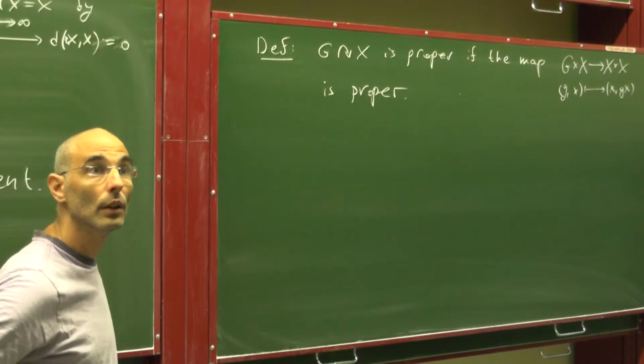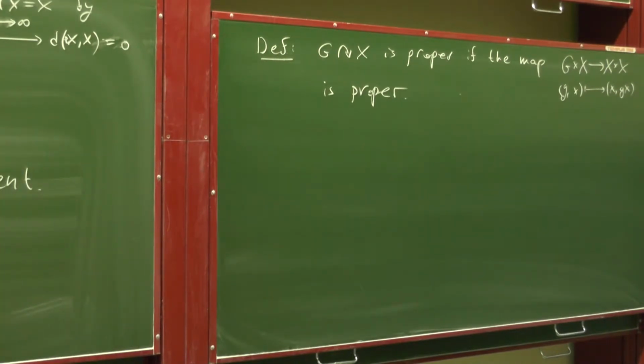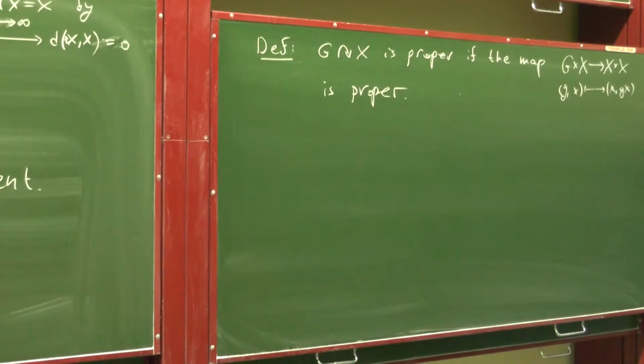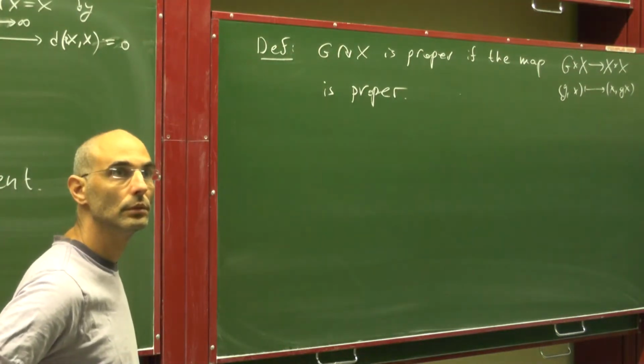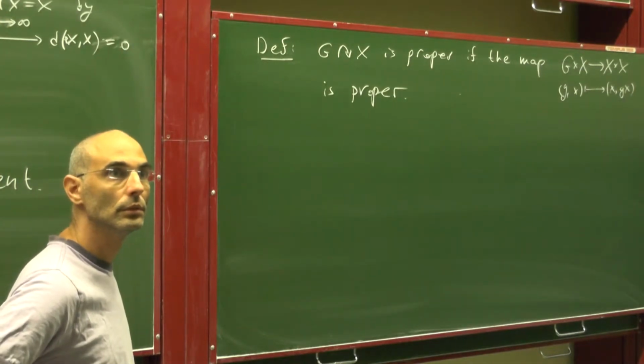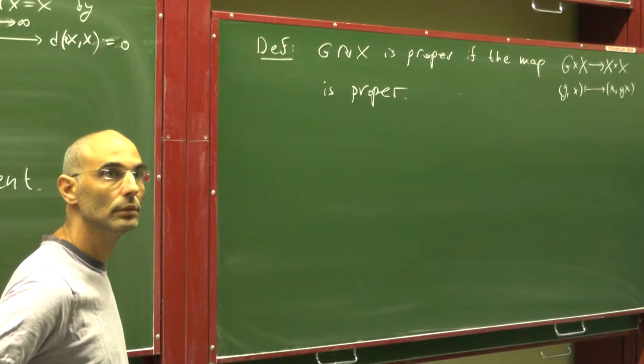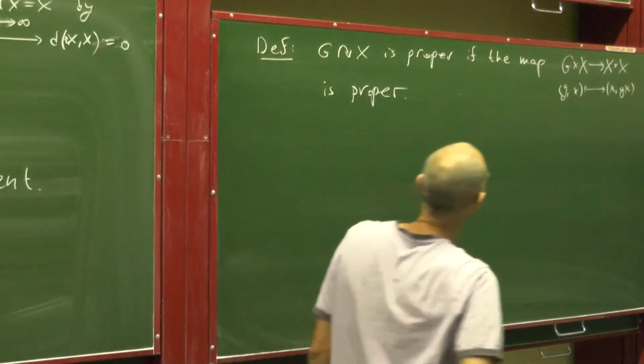This specification is not the only possible one, because usually by an action we mean the function from G times X into X, and not into the Cartesian square of X. The natural application of the general definition of a proper map here would be to consider the function from G cross X to X. This will never be proper unless G is compact.